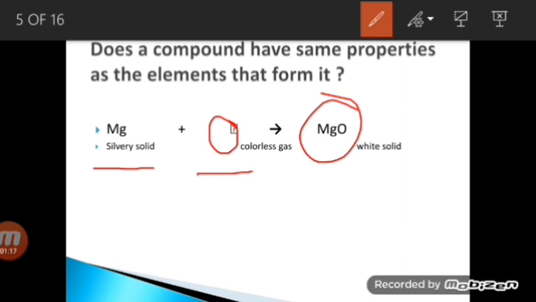Both of them react together to yield magnesium oxide, which is a white solid. So the properties of magnesium oxide will be totally different from magnesium and oxygen. Why? Because this is a totally new compound with a totally different chemical composition and chemical properties. So that's why compounds never have the same properties as their constituent elements.